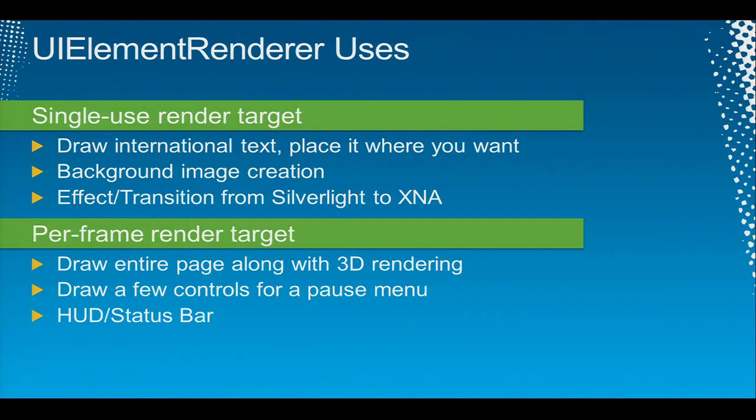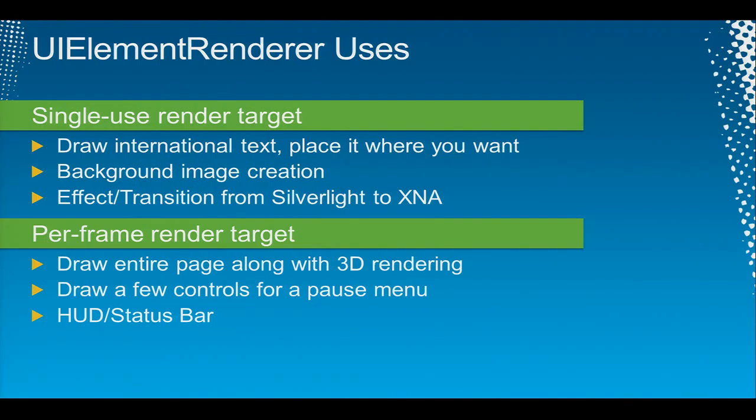So you could use the UIElementRenderer in the background. If you're a pure game developer, really hardcore writing a game, you're not so interested in the Silverlight part, but you want to use it to make your life easier. Maybe you want to write out some international text, or use Silverlight to create a little scene.